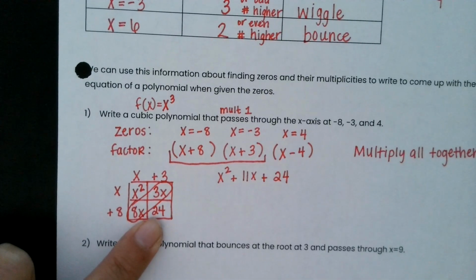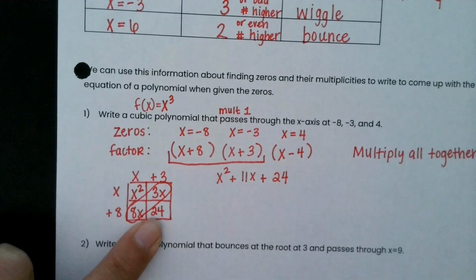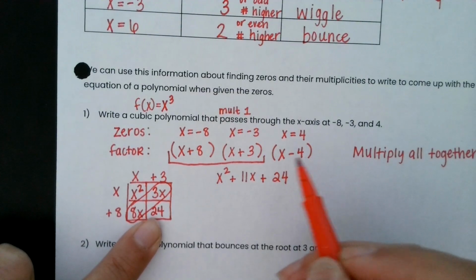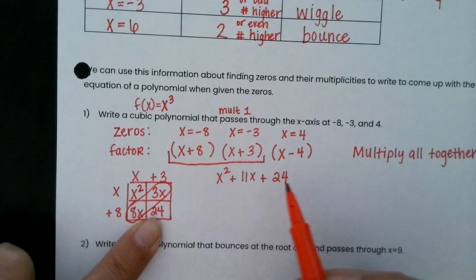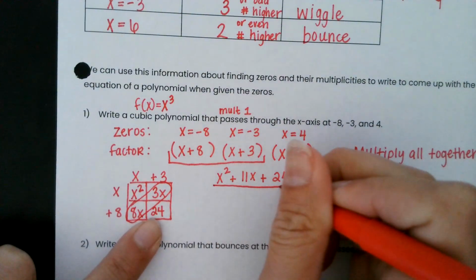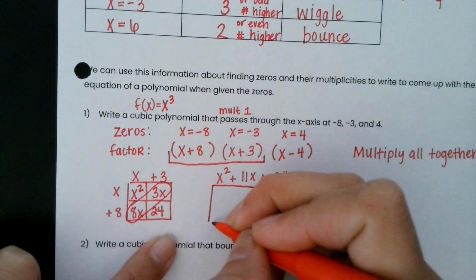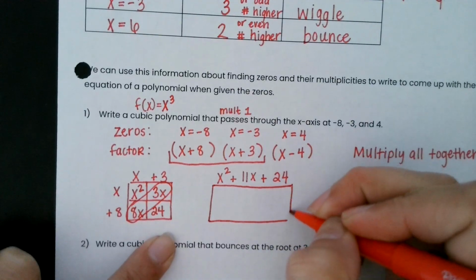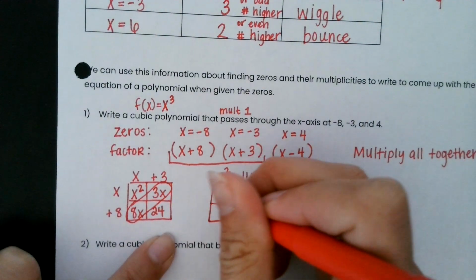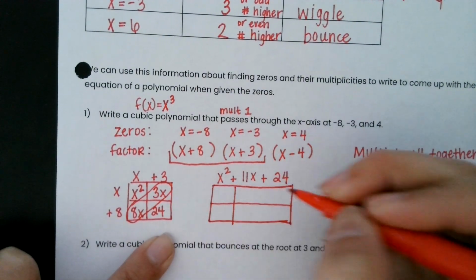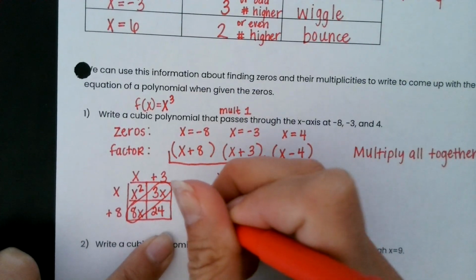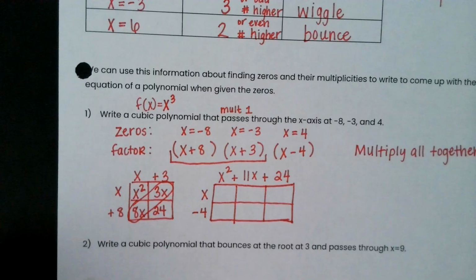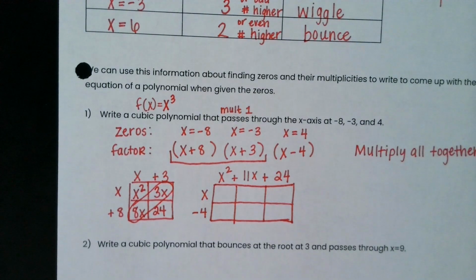Now, we're almost done-ish. We have to do one more thing. What's that? We got to multiply it. We haven't multiplied with the x minus 4 factor yet. So this is not my final answer. I'm going to take this answer that I've gotten so far, and I'm going to have to make a slightly bigger box because now it's a trinomial times the x minus 4 binomial on the side, so a 3 by 2 rectangle.